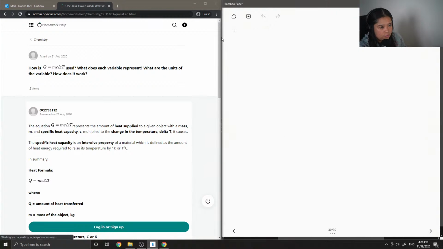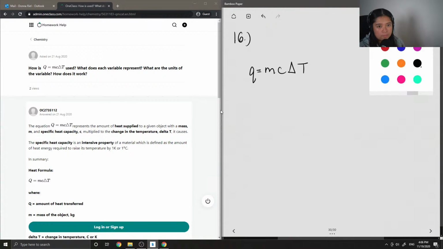Okay, so on to question 16. How is Q equals mC delta T used? What does each variable represent? What are the units of the variable? How does it work? Okay, so I'll break down all of the units and all the variables.